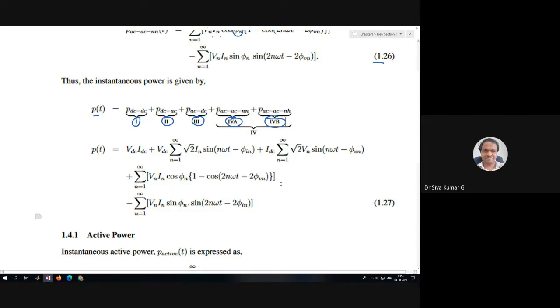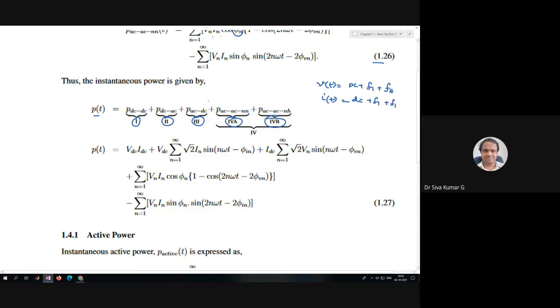We have seen the general instantaneous power when the voltage has a DC component, a fundamental, and harmonics. The V of t has the DC voltage, the fundamental voltage, and then the harmonic voltages. The I of t is the same, having a DC component, a fundamental, and harmonics.